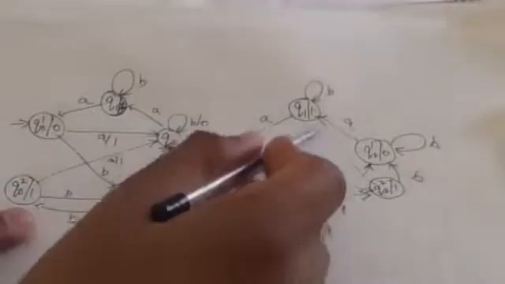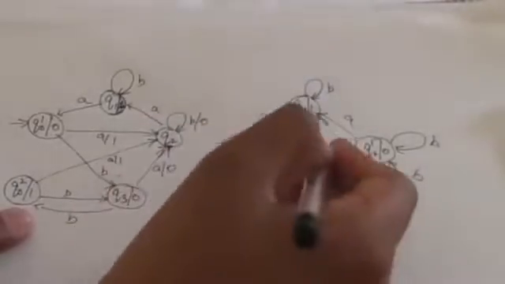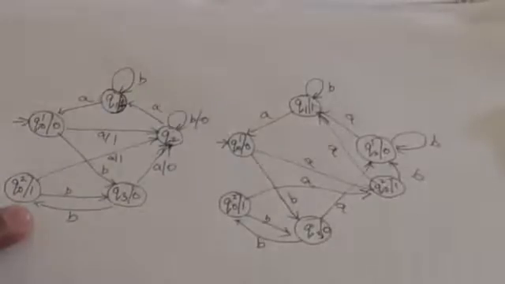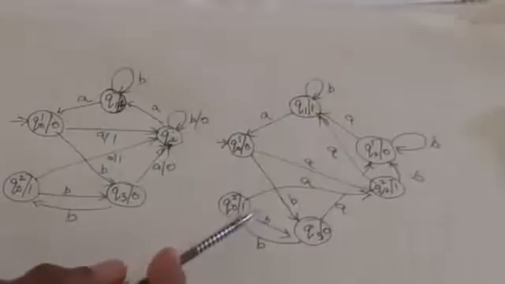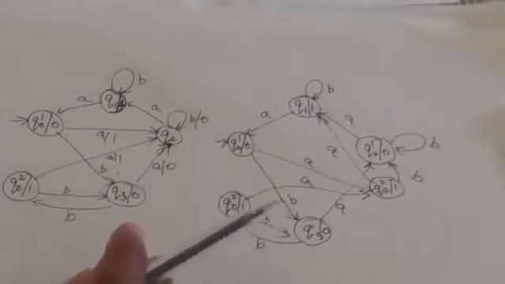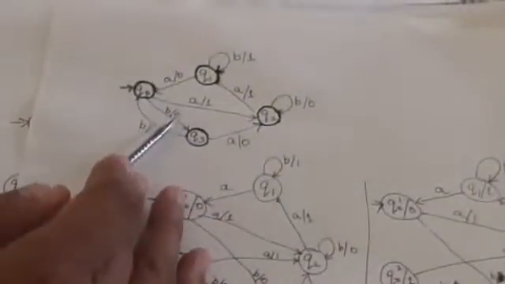Both new versions of state Q2 will have same outgoing edges. Right? Now this machine is a Moore machine, which is equivalent to this Mealy machine.